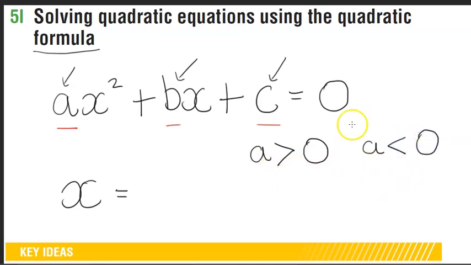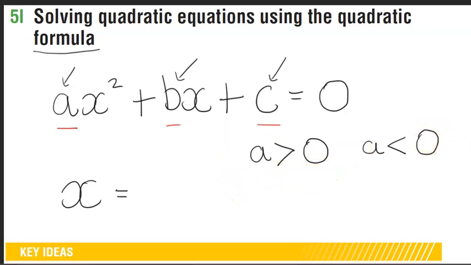You can't have the scenario where a is equal to 0, because if a is equal to 0, this implies that 0 times x squared will give me 0, so it will just be bx plus c, which isn't necessarily a quadratic, because the highest power won't be 2 anymore, it will be 1. So make sure your a is greater than 0 or less than 0. B and c can be 0, because the highest power of 2 will still remain within the x, but a has to be greater than 0 or less than 0.